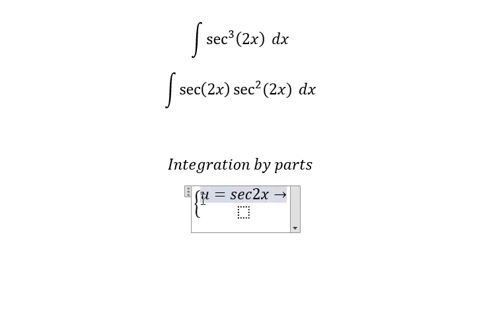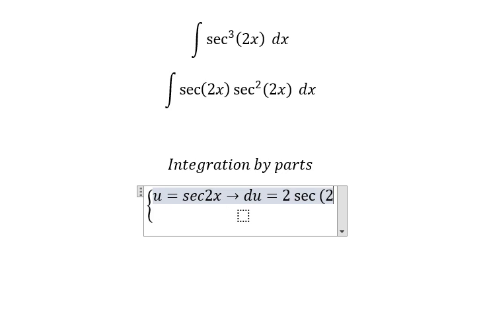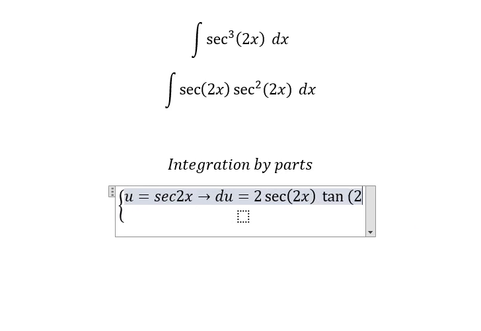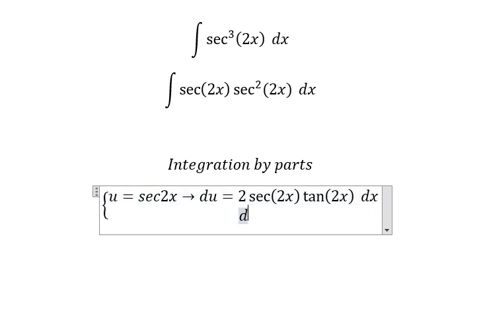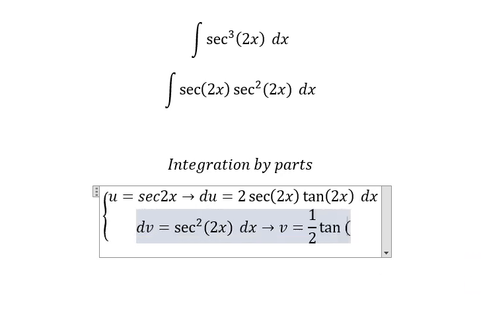Later we need to do the first derivative for both sides, and we have du equal to number 2 secant of 2s tan 2s ds. dv is about this one. So the integration of this one is v equal to 1 over 2 tan 2s.